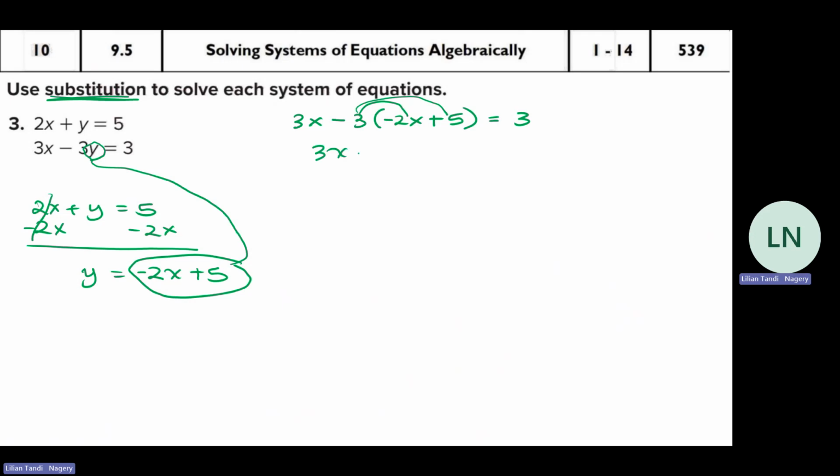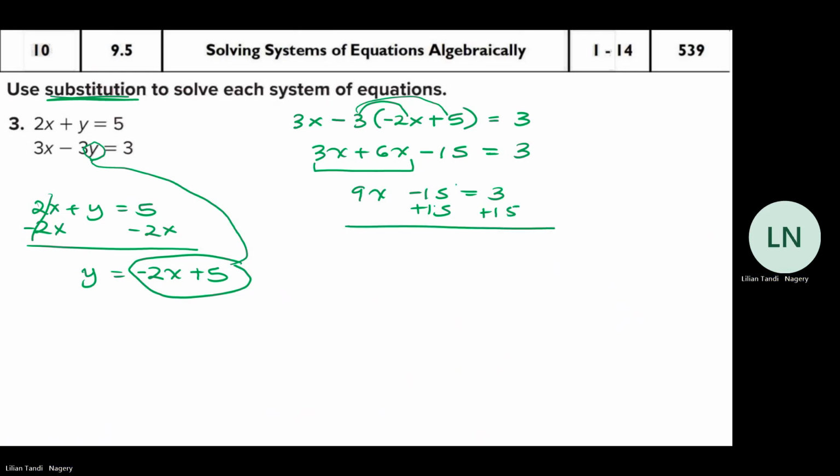So 3x plus 6x minus 15 equals 3. These are friends. 9x minus 15 equals 3, plus 15, plus 15. This goes away. 9x equals 18.